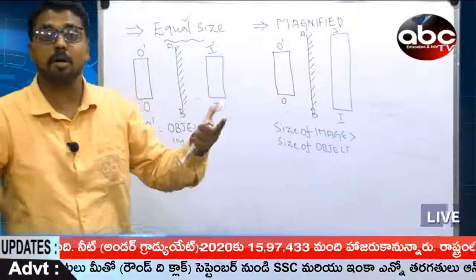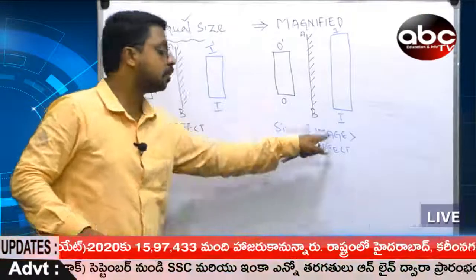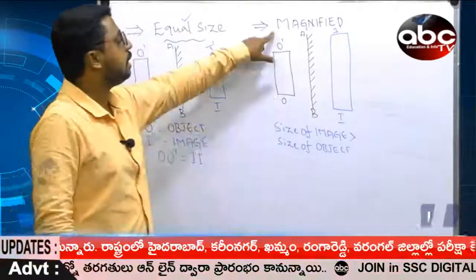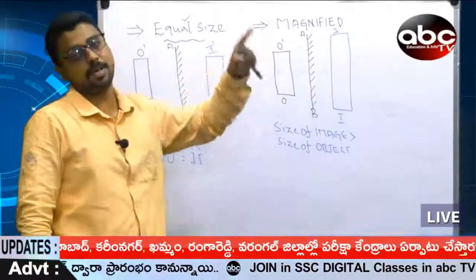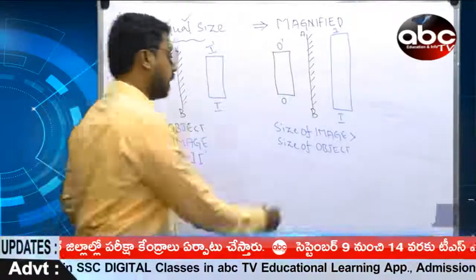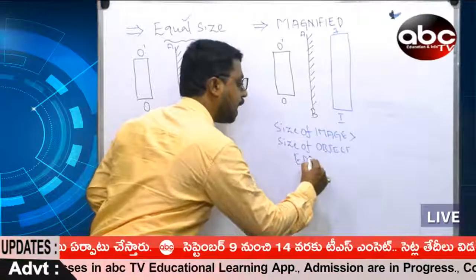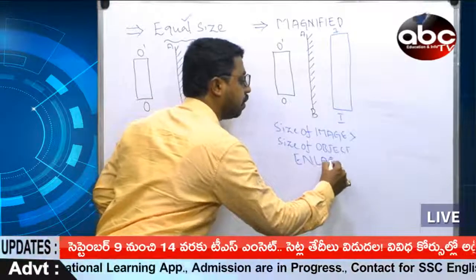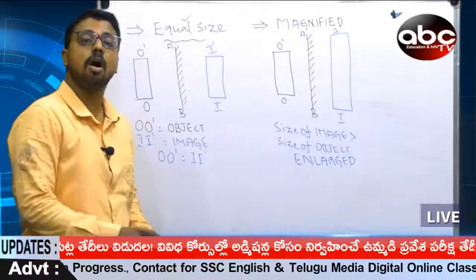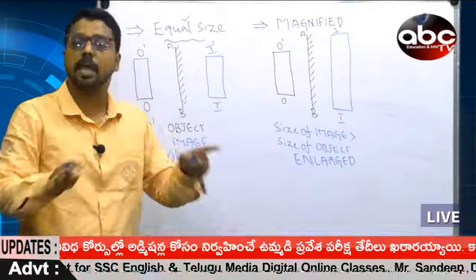In the same manner, size of image is greater than the size of object. Such types of images are called magnified images, or they can also be called enlarged images. Enlarged or magnified, both are same.